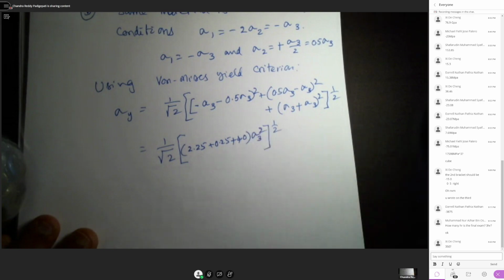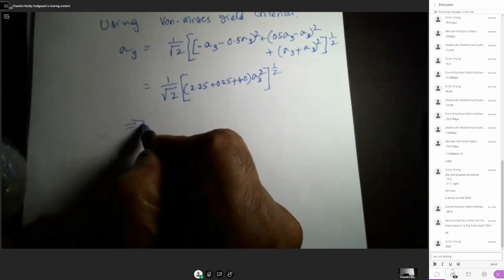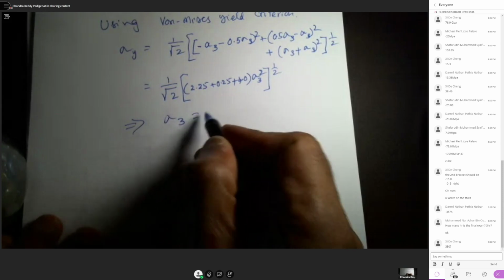Sigma 3 square is common. So find out the sigma 3 values from here.